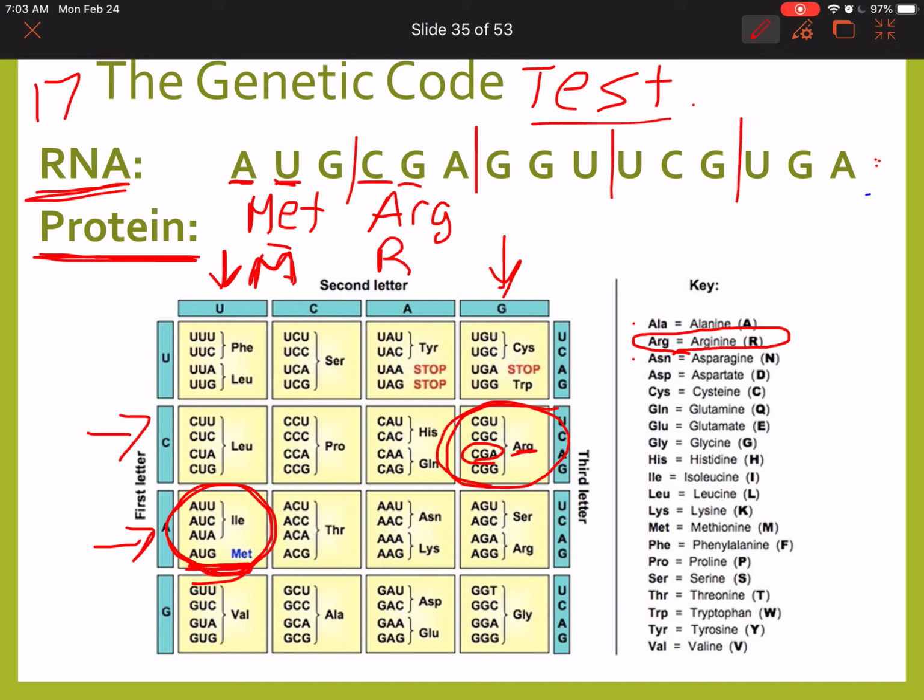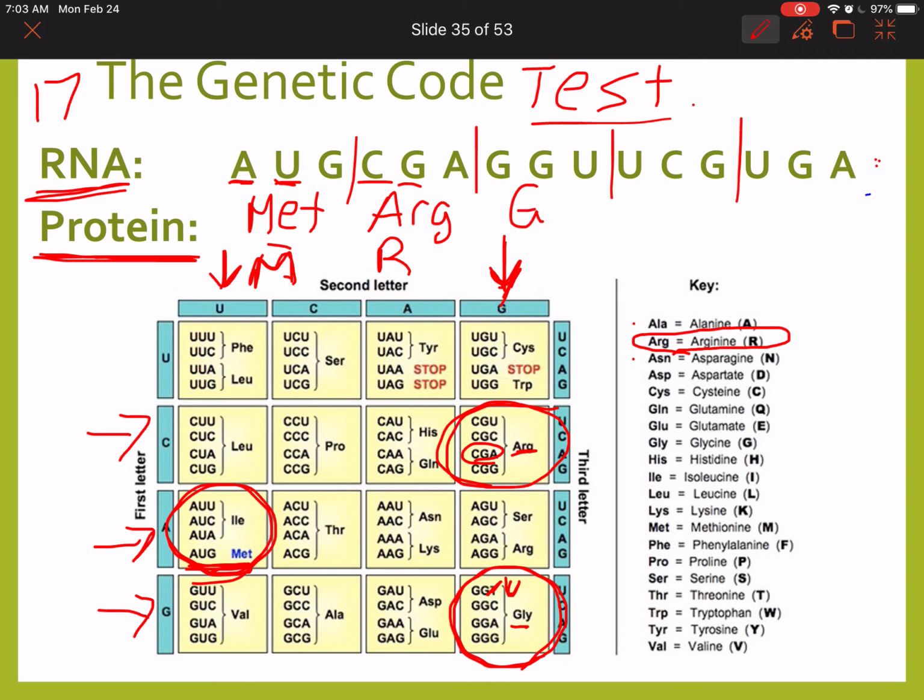Okay? Next one is GGU. G again, right over here. Oh, forgot about that. There's a typo. That is not supposed to be a D, that's supposed to be a U. Hopefully that didn't throw y'all off, guys. I'll need to fix that. Anyway, on this, you know there's no T in RNA, so it should have been a U. Still works the same.